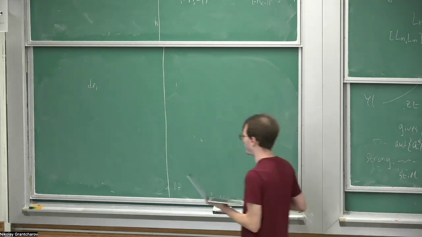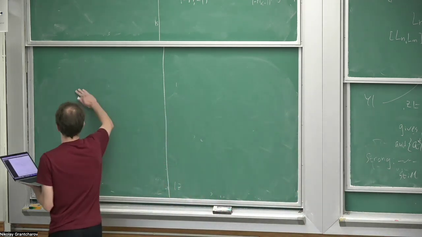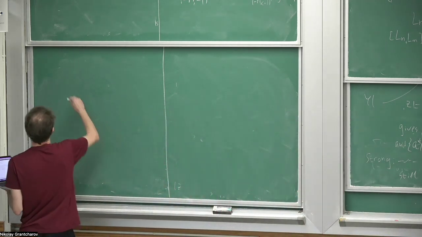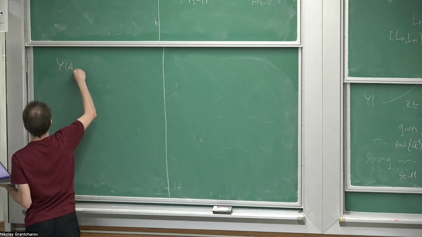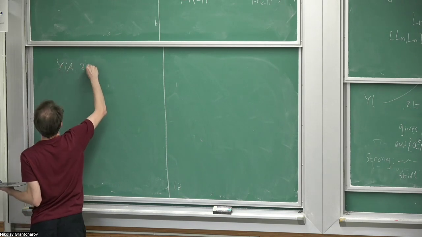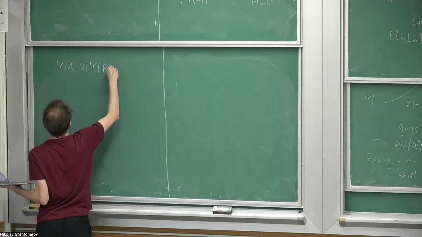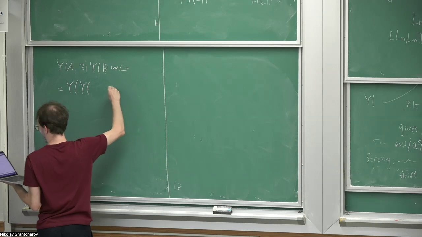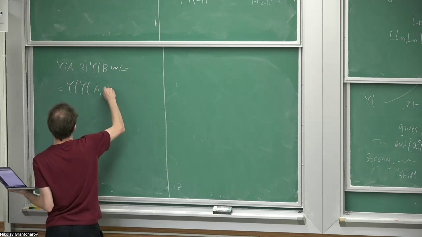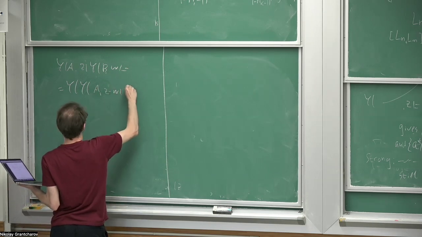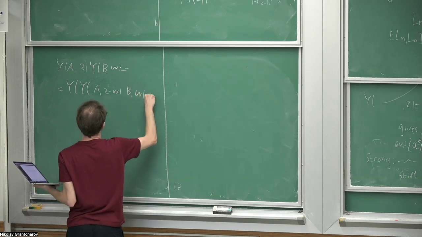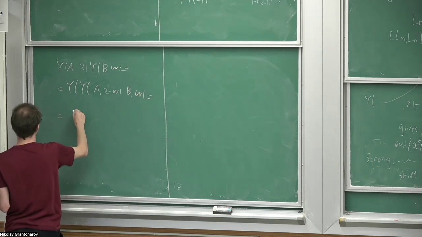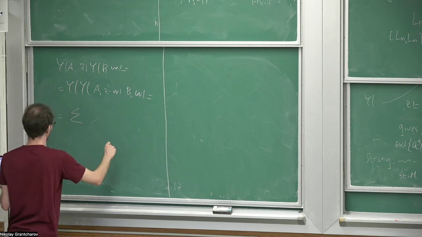I just write that Y(a,z)Y(b,w)c is Y(Y(a,z-w)b,w)c, and this is actually a finite expression if I apply it to c.